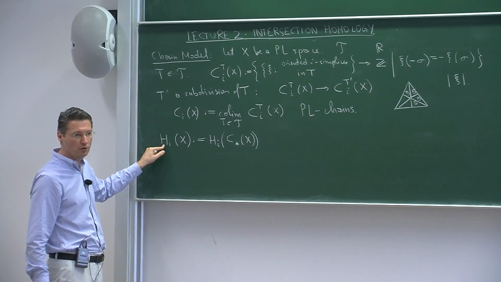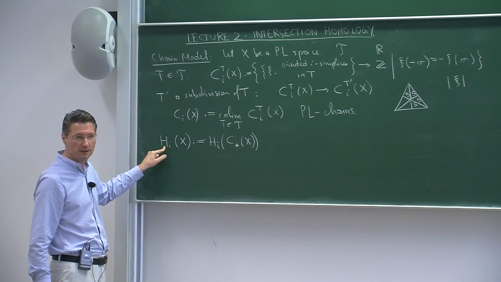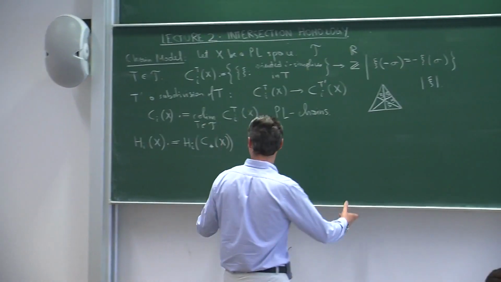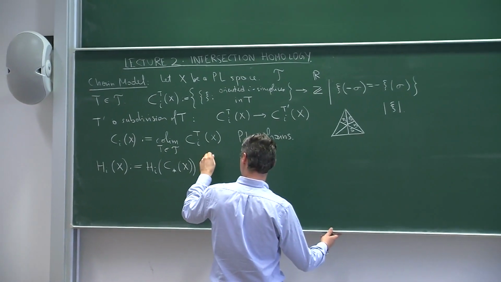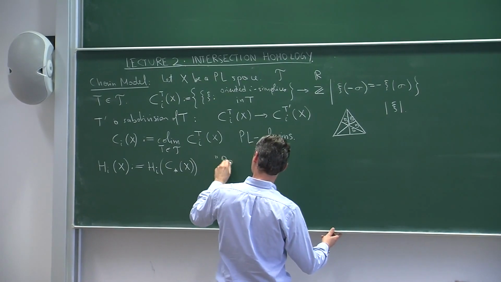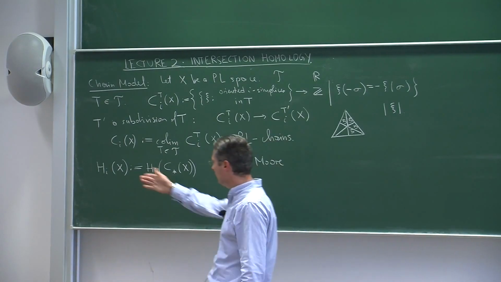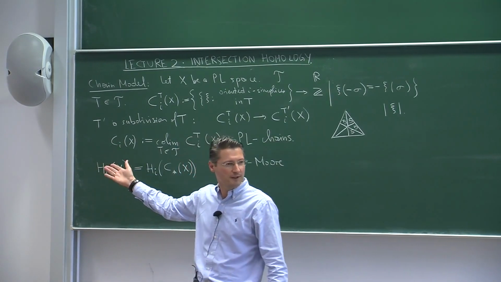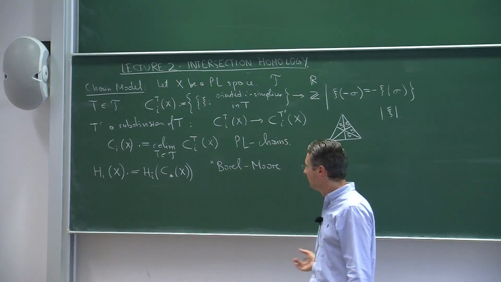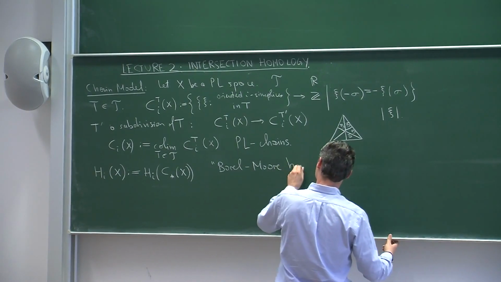This is not a homotopy invariant because I'm using infinite chains. So this is sometimes called in the literature Borel-Moore homology. But I don't want to decorate it with BM all the time, so I call that H_i, Borel-Moore homology.